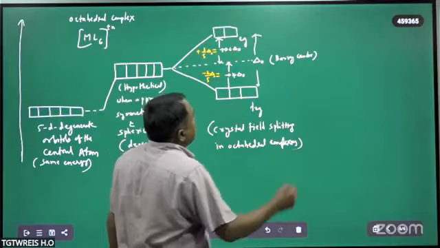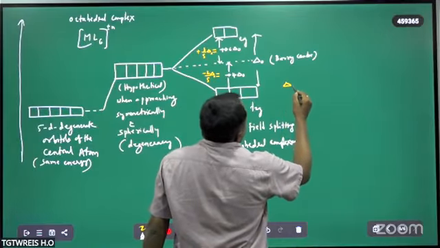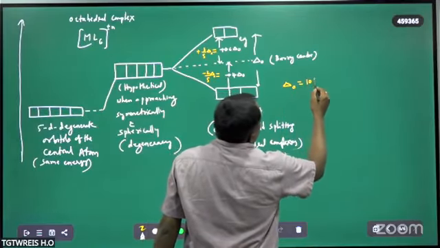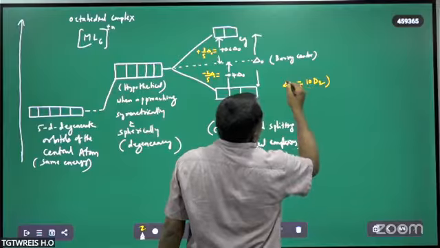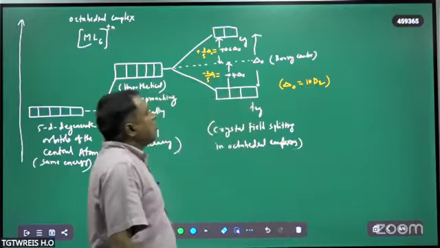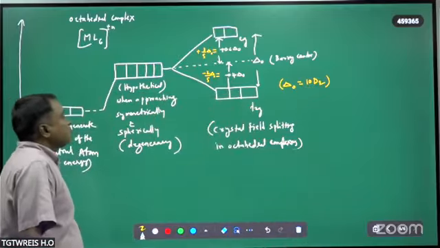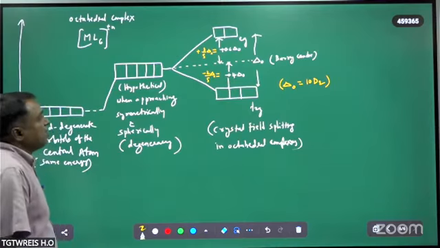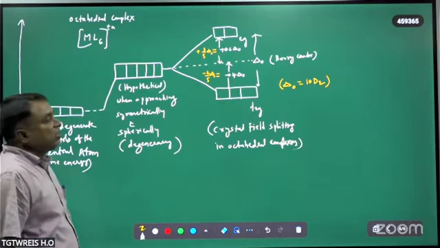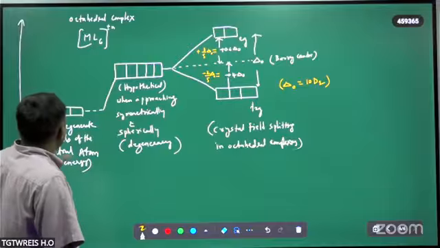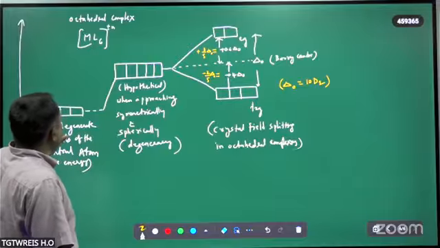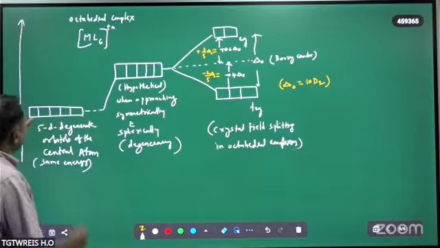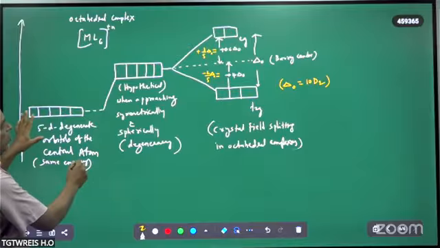Delta naught is equal to 10 Dq. It is also related to the crystal field stabilization energy. So this is without any ligand: these are the 5d degenerate orbitals.